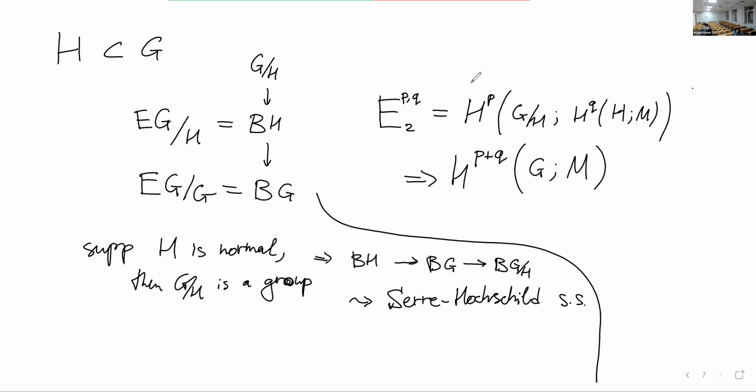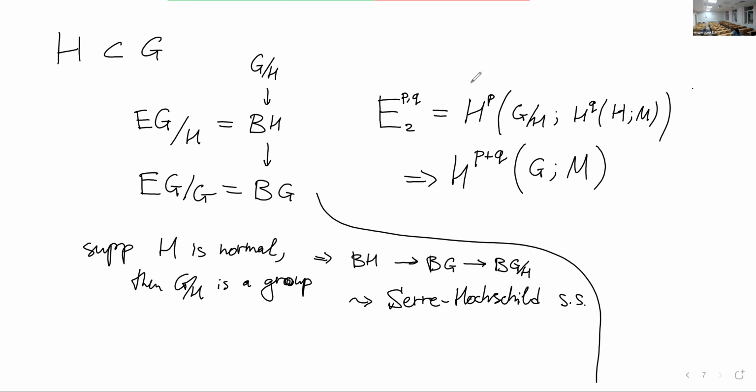So we have an action of G on the couple H comma M, which is basically given by the conjugation action on the H component and the given action of G on M on the M component.